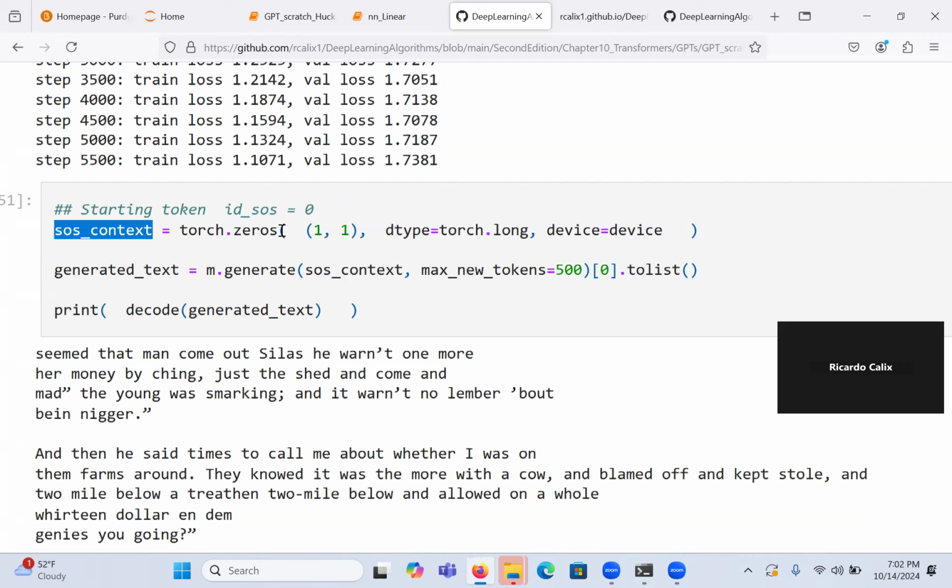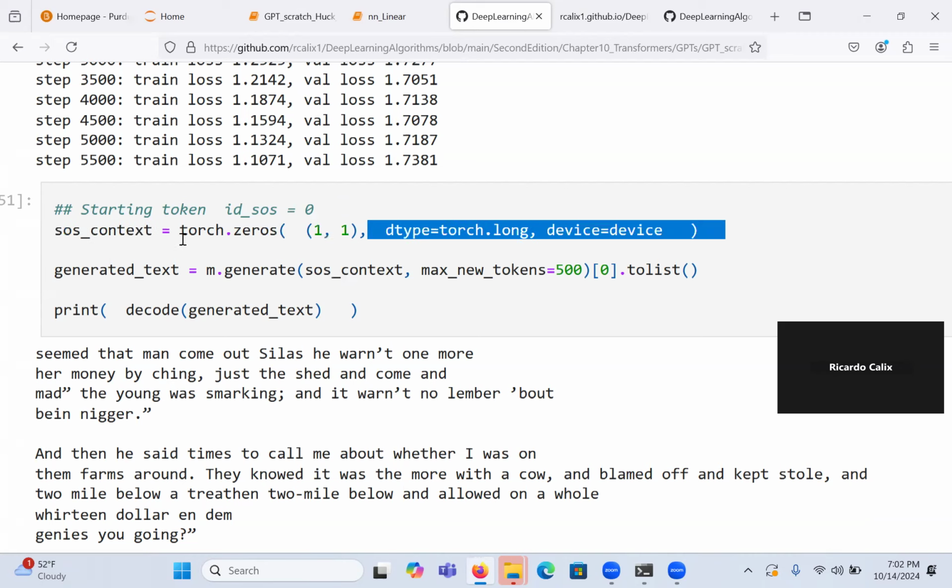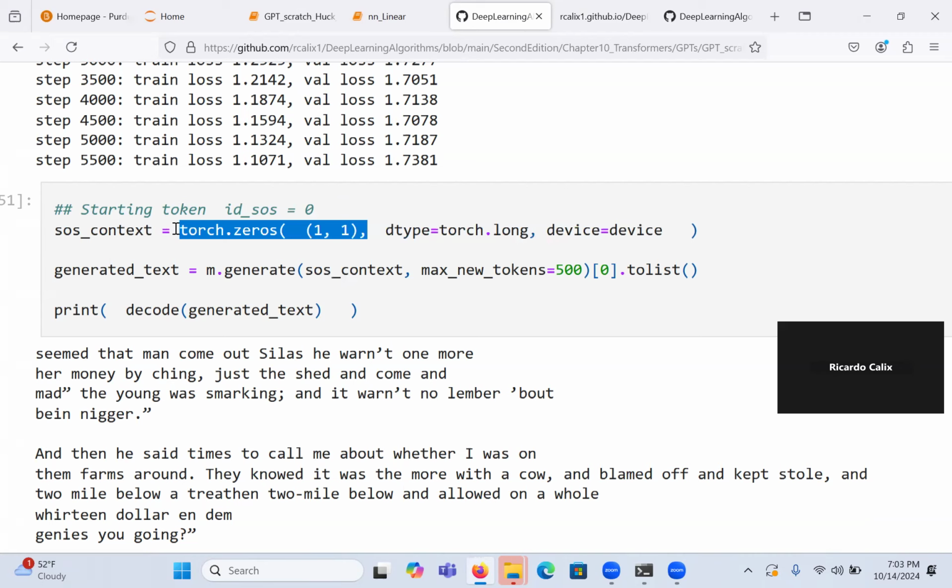If you notice, these GPTs are already designed for question answering, where you give it an instruction and it continues giving you some output. So here, I need to create a tensor, which can be just one token, in this case the starting token ID, SOS, 0. Why 0?